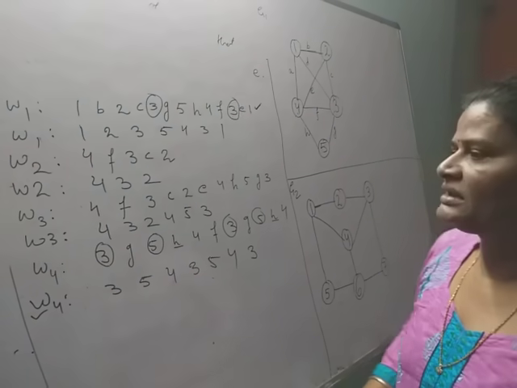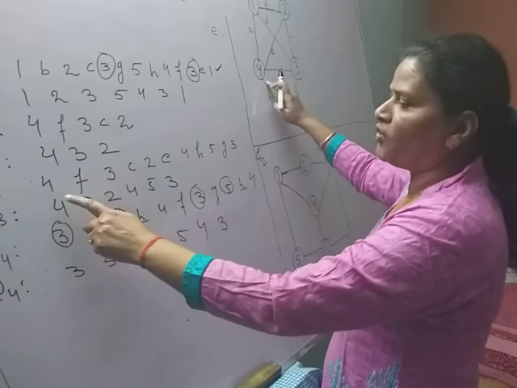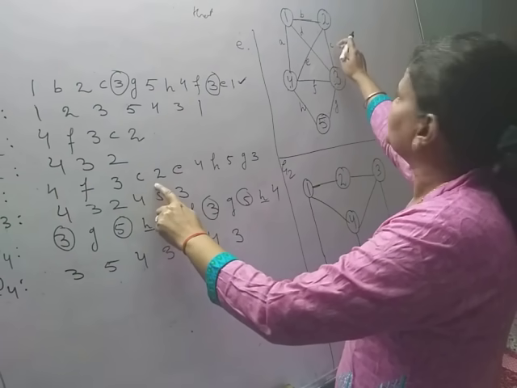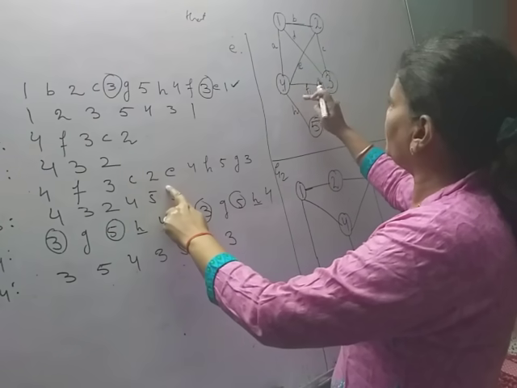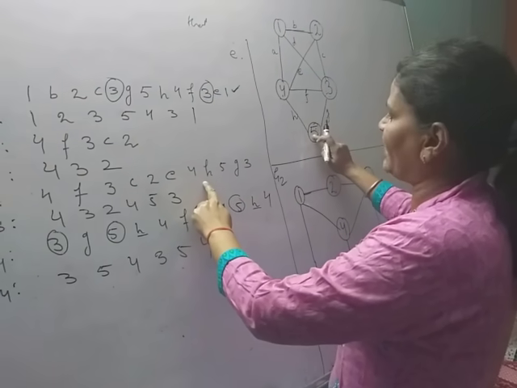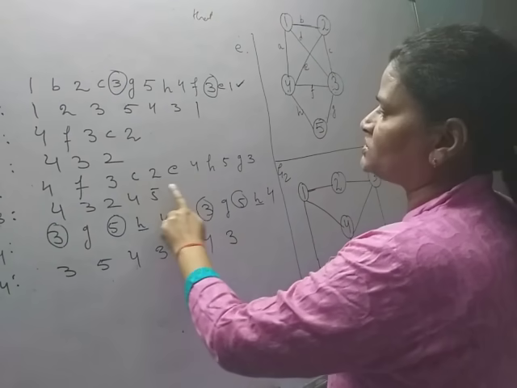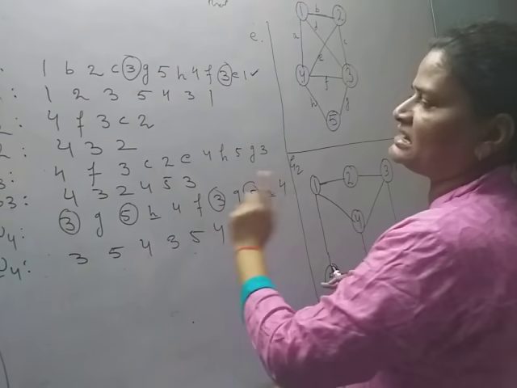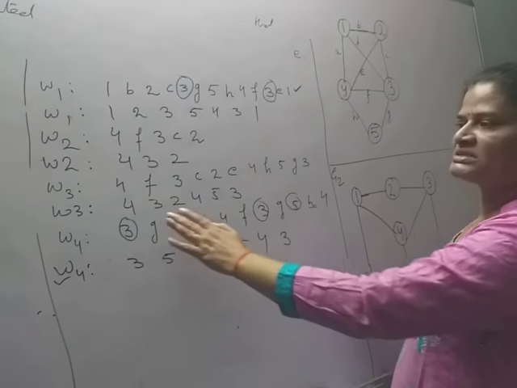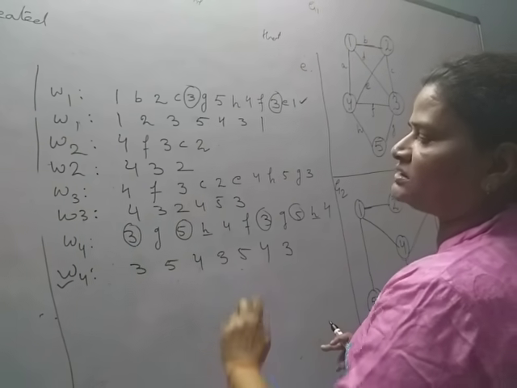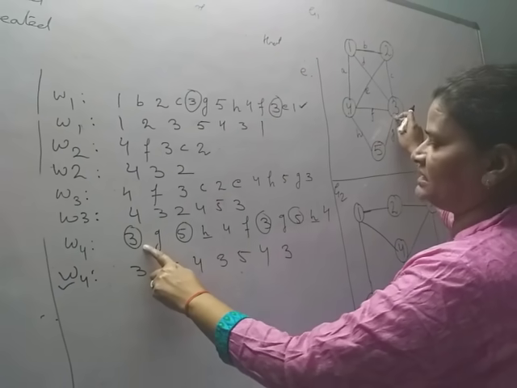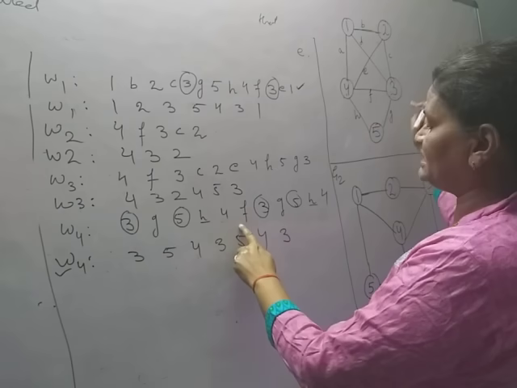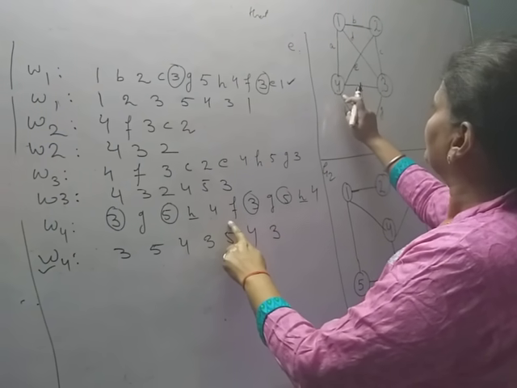Now consider W3. W3 is 4 F 3 C 2 E 4 H 5 G 3. Okay, so here F C E H G, again no edge is repeating, so this is again a trail. Now consider the walk W4: 3 G 5 H 4 F 3 G 5 H 4.